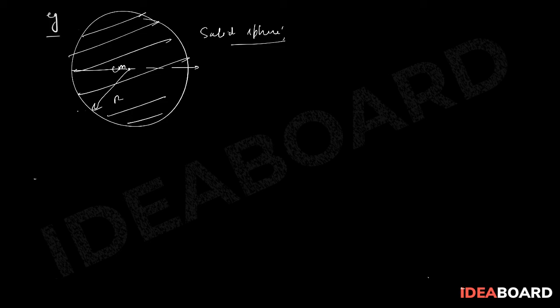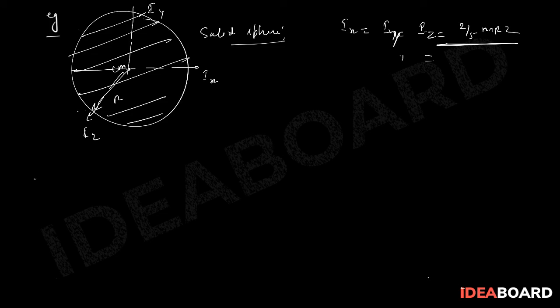Let's say this is Ix and this is Iy, and of course this can be assumed Iz. So here, Ix, Iy and Iz all will be equal, and each is 2 by 5 mr square for a solid sphere, right? Because all are ICM, correct?